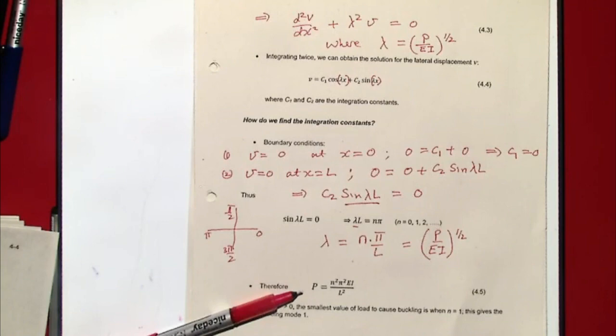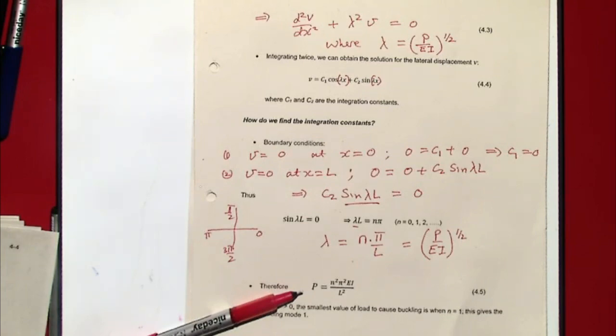What this shows is that it's not just one value of P, because the first one is when n equals 1, the second one is when n equals 2, the third one is when n equals 3, and so you have different values of load that will cause that type of failure for a beam that is pinned at both ends.